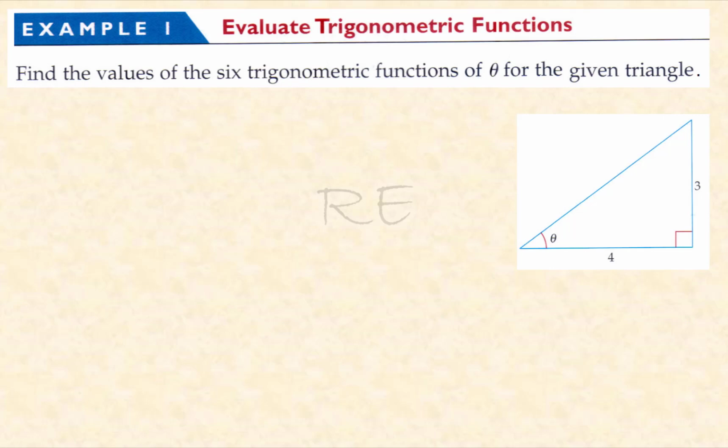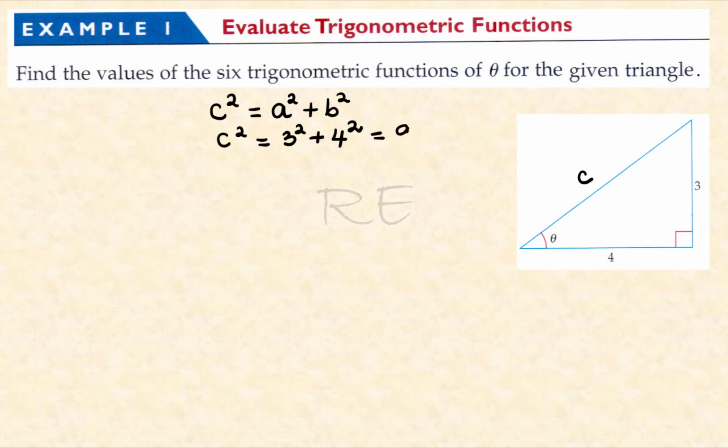Find the values of the 6 trigonometric functions of theta for the given triangle. First, we need to find the hypotenuse since it's not given. c squared is equal to a squared plus b squared, the Pythagorean theorem. c squared is equal to 3 squared plus 4 squared, which is 9 plus 16, so c squared is equal to 25.